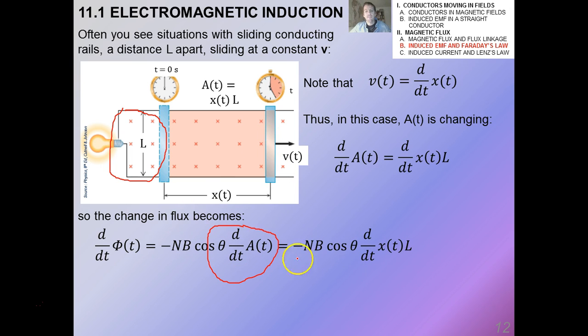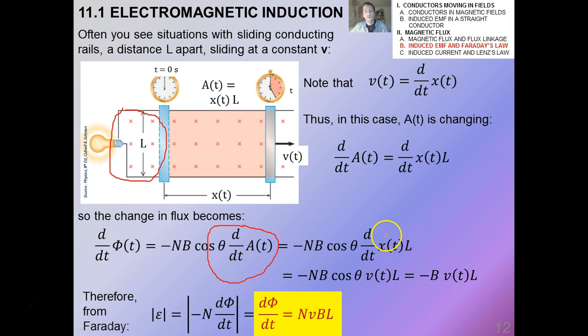I have that it's negative N B cosine theta d by dt of x of t times L. Well, dx by dt is just v of t, so that would be negative v B L. Well, guess what? That's from Faraday, right?